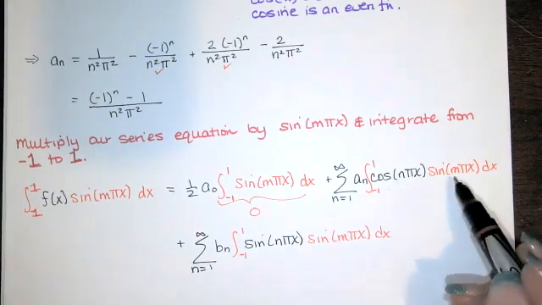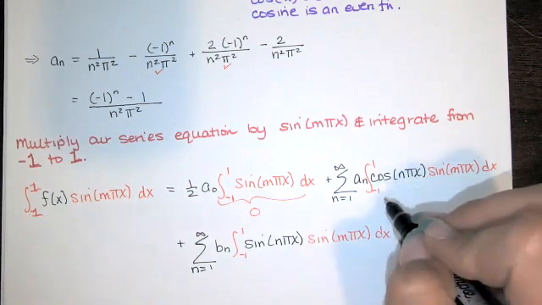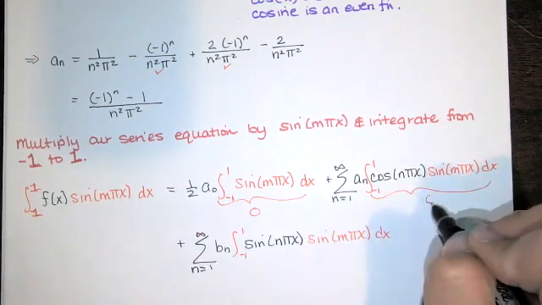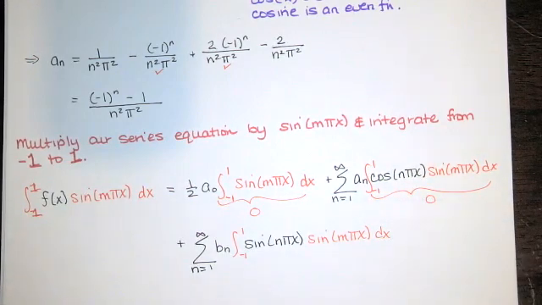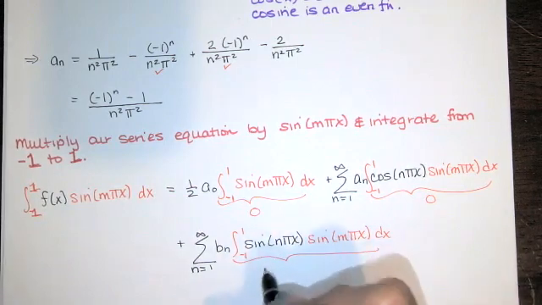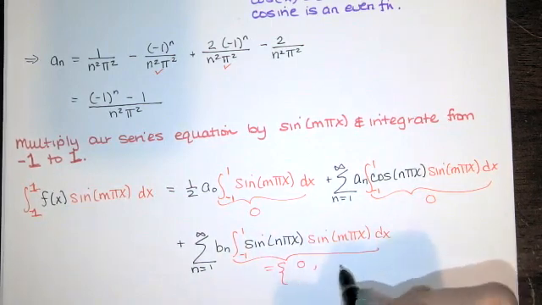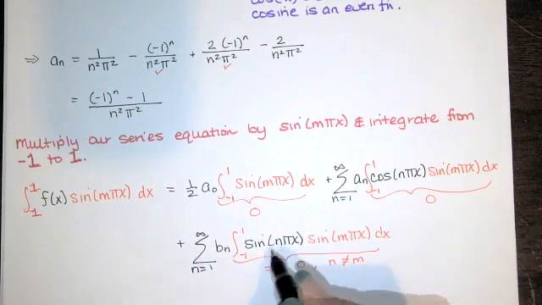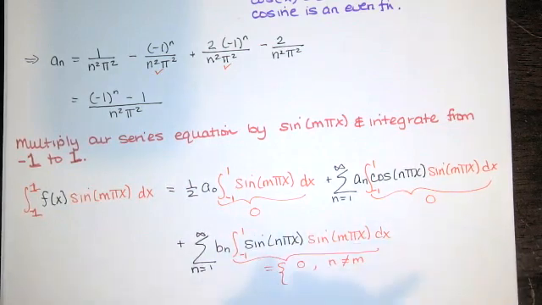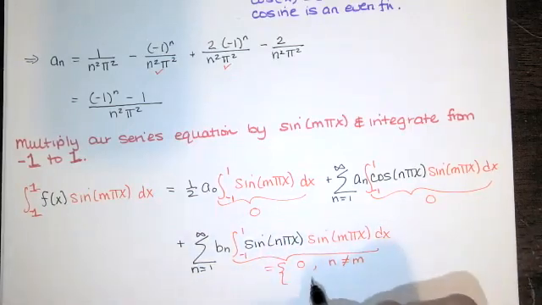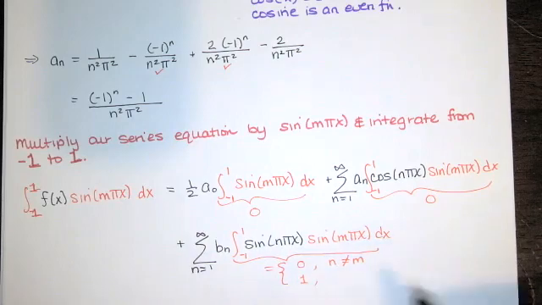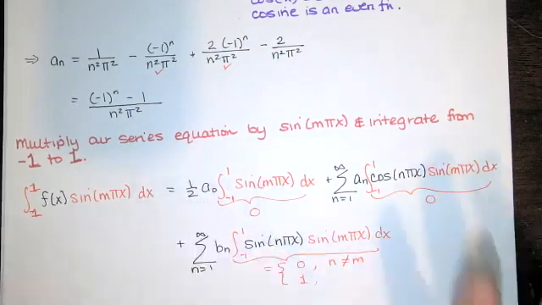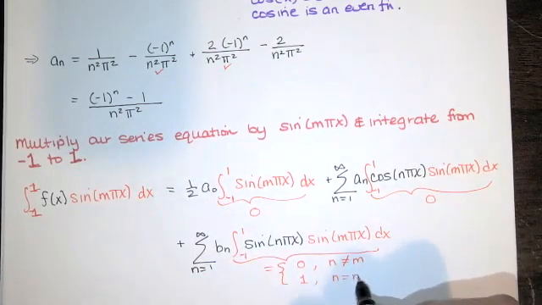Now, if you've got a sine and a cosine multiplying each other over here, that turns out to be 0. And remember, this guy turns out to be 0 most of the time when n and m are not equal to each other. But when n and m are equal to each other, that's a sine of n pi x times a sine of n pi x. So you've got 2 of them, sine squared. You can use your power reducing formulas, and you could use that to prove that this is equal to L, which happens to be 1, when n and m are equal.